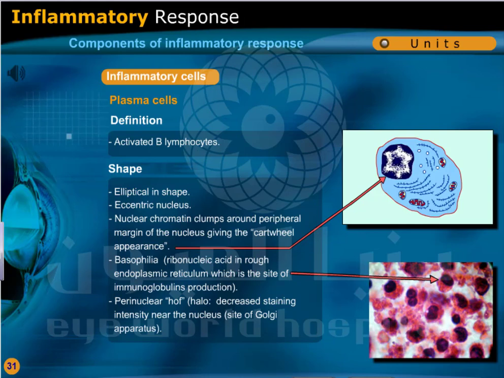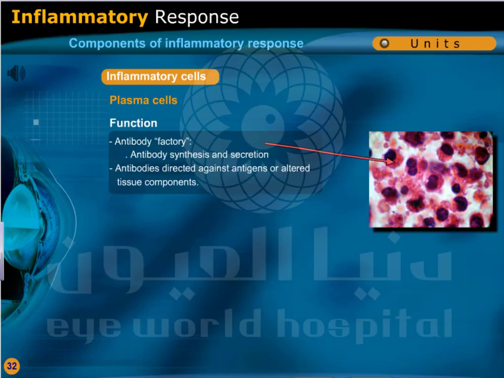There is a perinuclear huff, or halo, due to decreased staining intensity near the nucleus, which is the site of the Golgi apparatus. Plasma cells are the antibody factory, responsible for antibody synthesis and secretion. Antibodies are directed against antigens or altered tissue components.